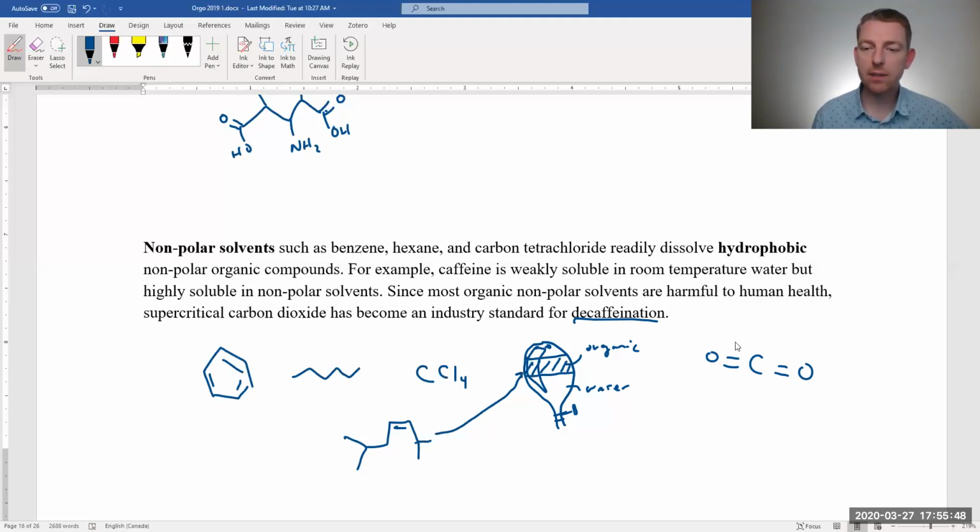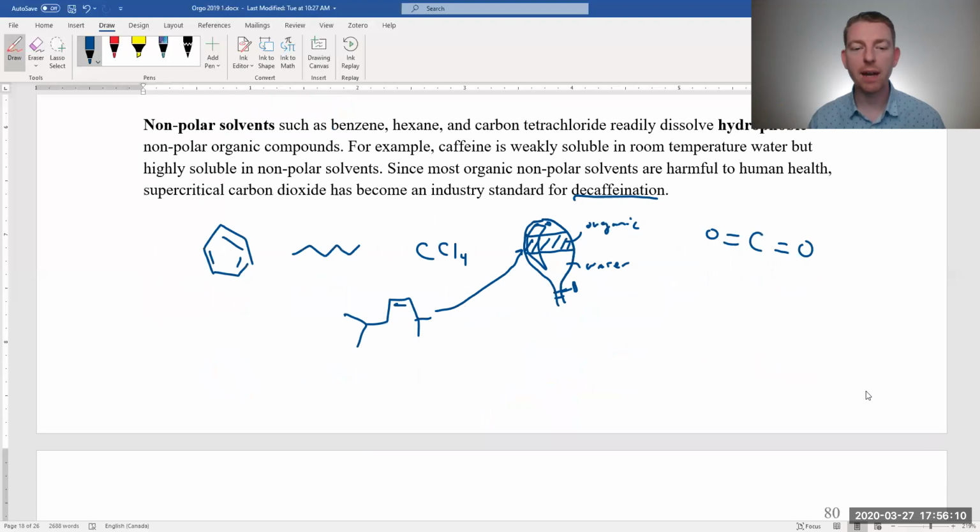And this is a non-polar molecule. So it's a non-polar solvent, and it solubilizes caffeine quite well. So if you wash out the beans with supercritical carbon dioxide, you take a lot of the caffeine out with you and leave a lot of the flavor behind. So it's kind of the best option we have for decaffeination.